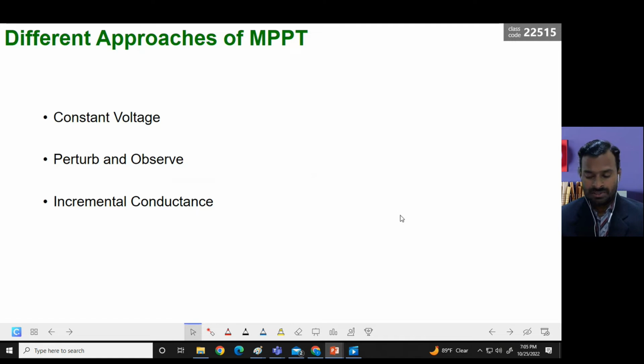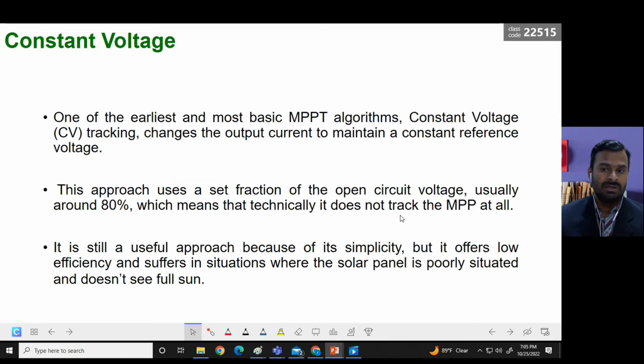So in the constant voltage approach of MPPT, they know the open circuit voltage of a given solar panel. So they fix 80% of the open circuit voltage as the optimal voltage. And the charging current will be adjusted to obtain 80% of the VOC. So they either increase or decrease the charging current so that we always get 80% of the VOC.